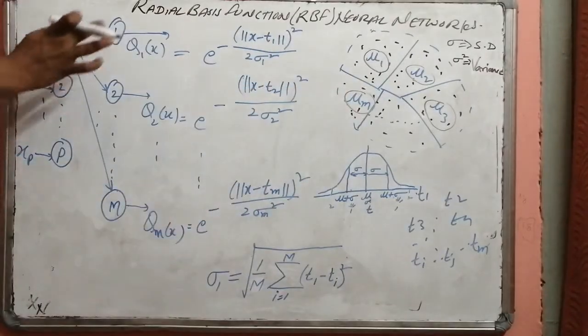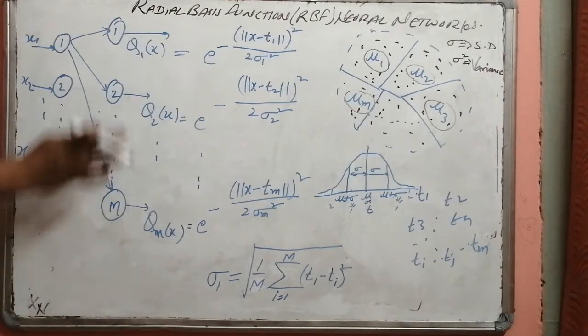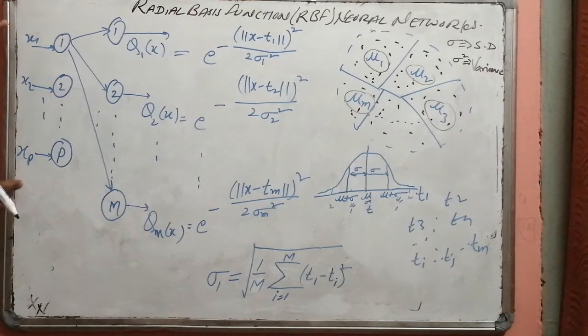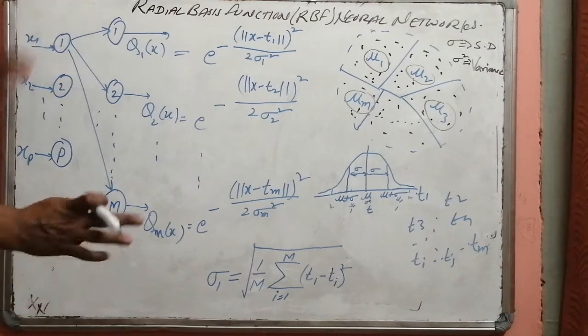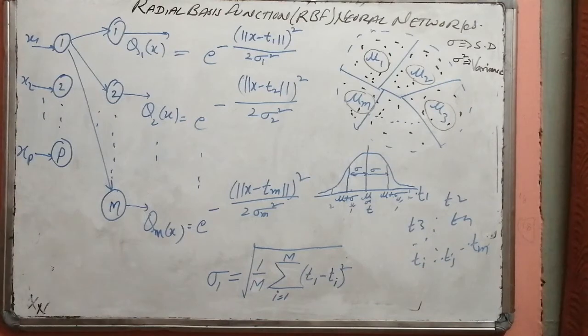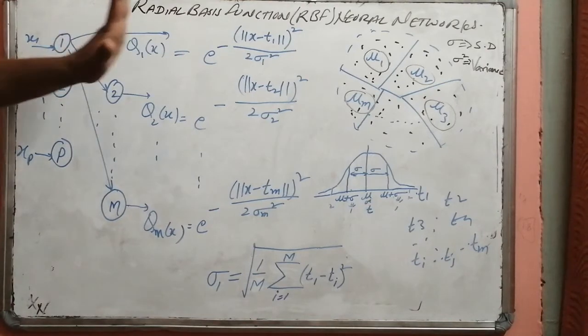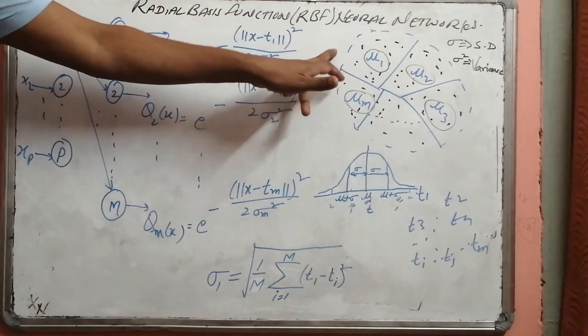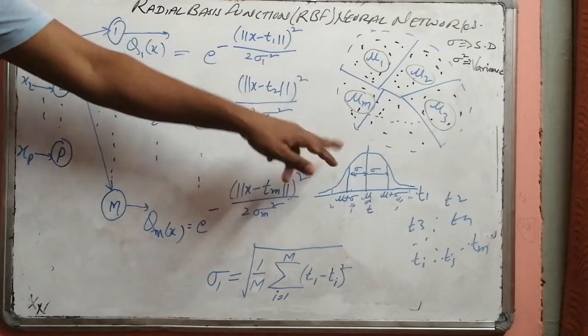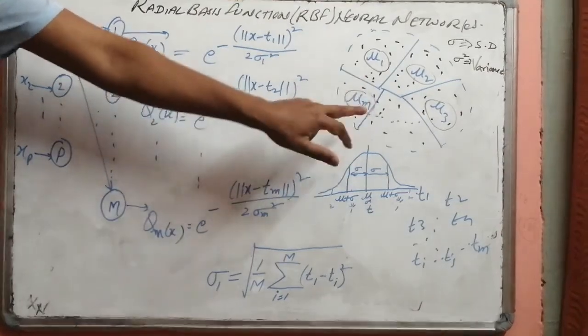Why m? Because there were m number of radial bases, and the p dimensional space was to be extended to your m dimensional space. Now let us get into more details. What is happening is that the overall input space is now divided into m number of clusters.